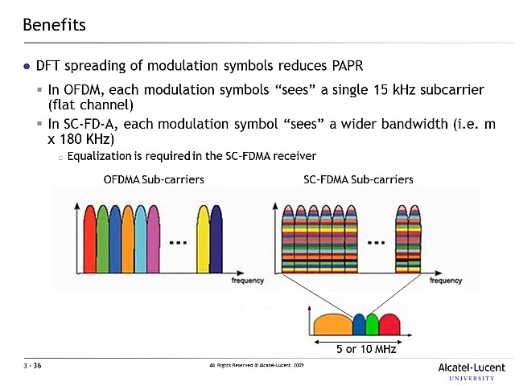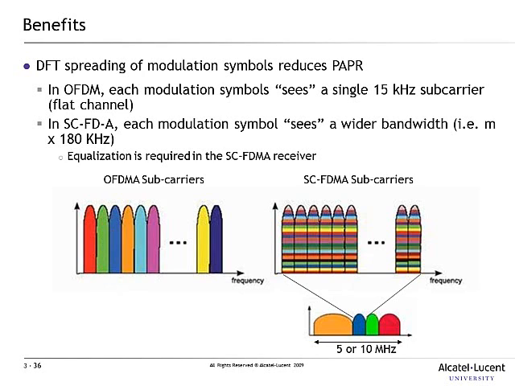Now, in OFDMA, we have this notion of subcarriers that are overlapped, okay, and each user might be transmitting a symbol on one subcarrier.